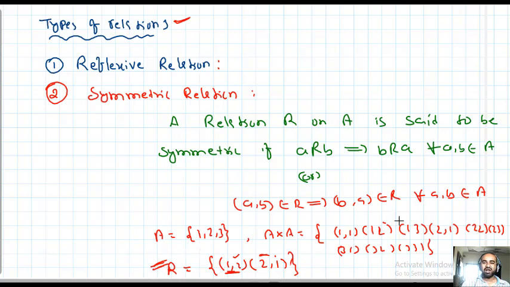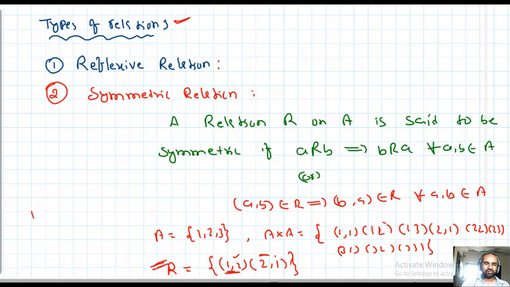Don't think that all of (1,3) and (3,1) are needed. Just (1,2) is there and its reverse (2,1) is there, so directly we can say R is symmetric. For the same A cross A, a finite number of symmetric relations exist.